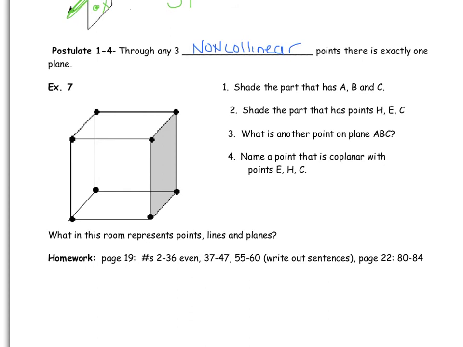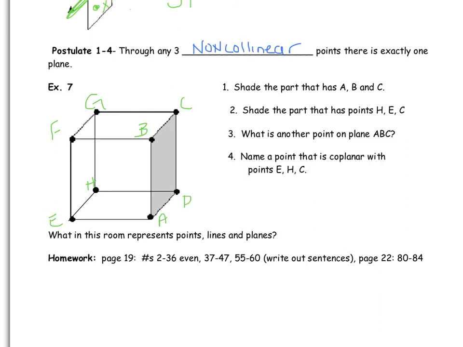Any 3 points that you give a person, they can always draw a plane in it. So our cube here, if we labeled these corners F, G, C, B, E, H, and A, D.